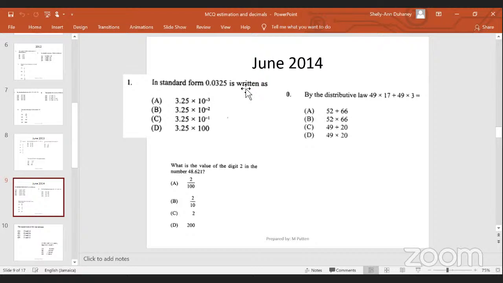B or D? Divide by 100. I'm not hearing you clearly. B, banana, or is it dog? Which one?